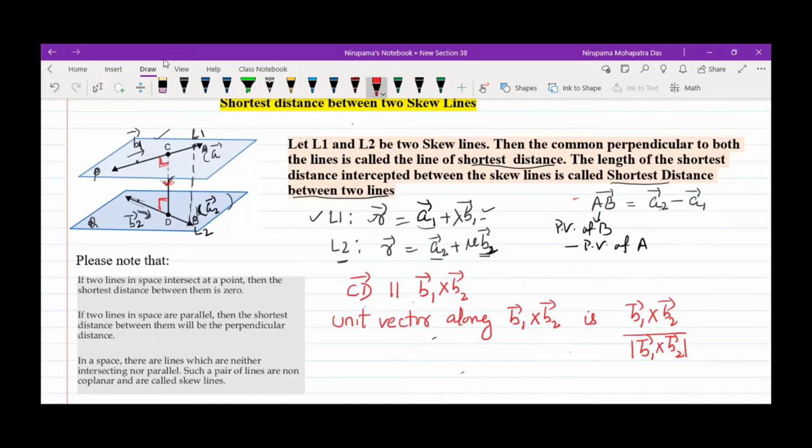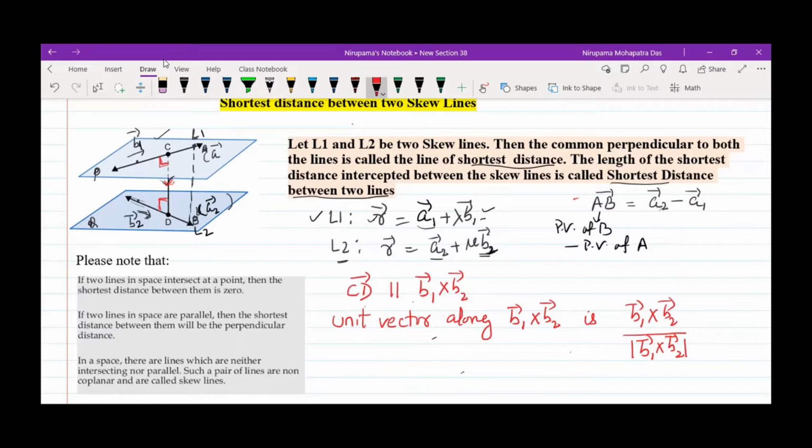Now here, taking CD as a vector, you can see CD is perpendicular to L1 and L1 is parallel to B1 vector. So CD is parallel to what? B1 cross B2. Because CD is perpendicular to B1 and CD is perpendicular to B2 vector, CD will be parallel to B1 cross B2.